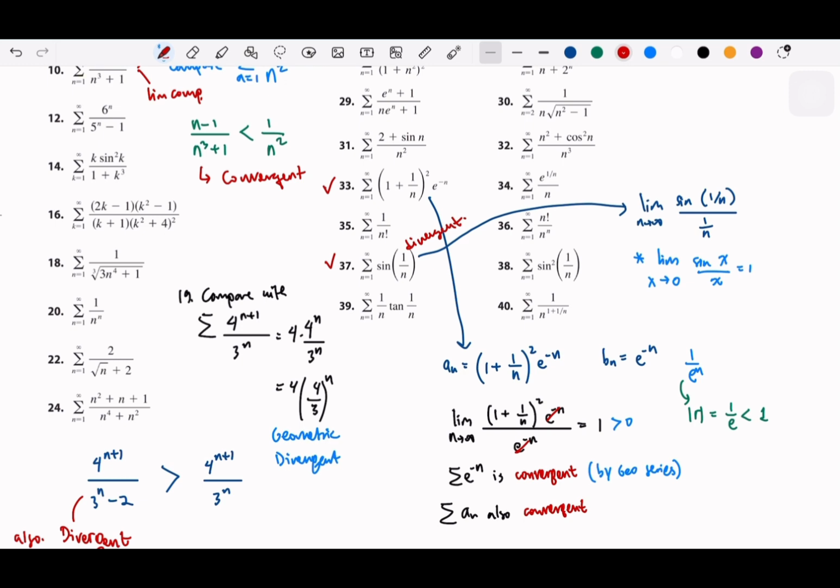Using the limit comparison test, the limit equals 1. If the limit is positive, then the series we found before for comparing is suitable. And if this suitable series is divergent, then our series is also divergent.